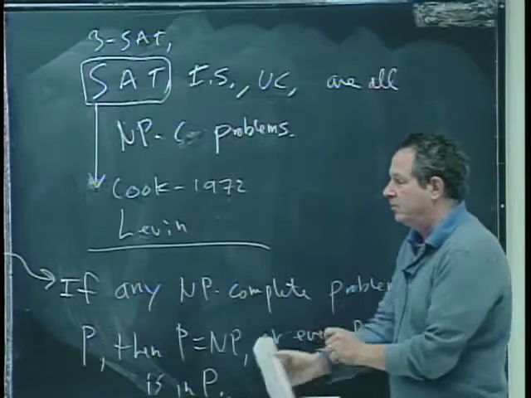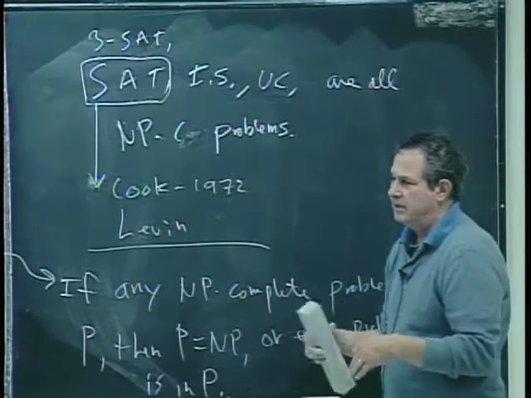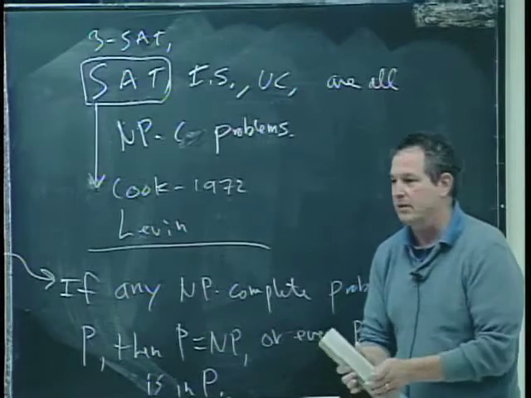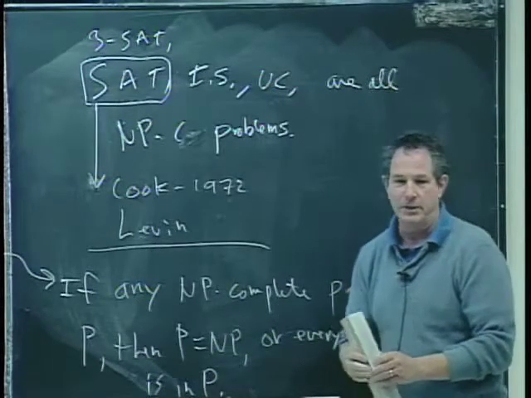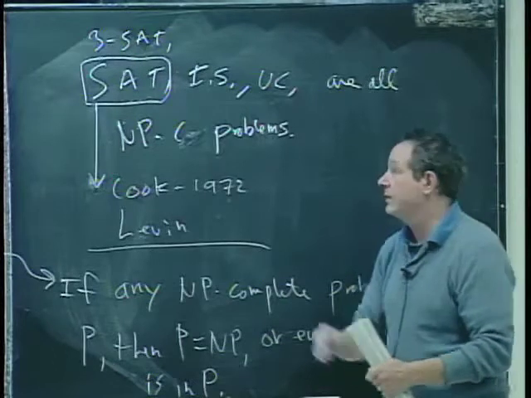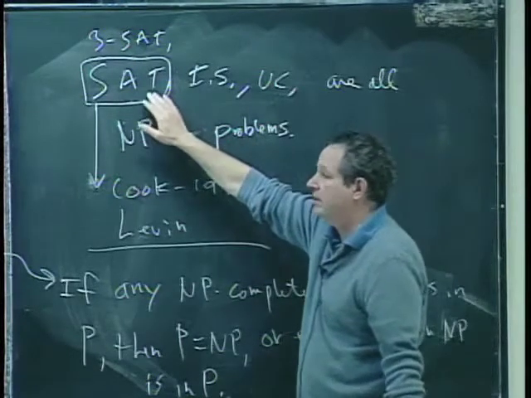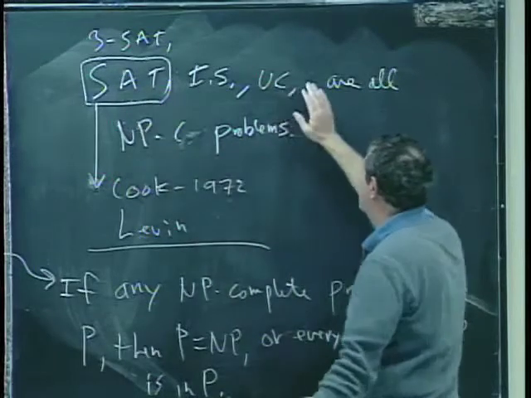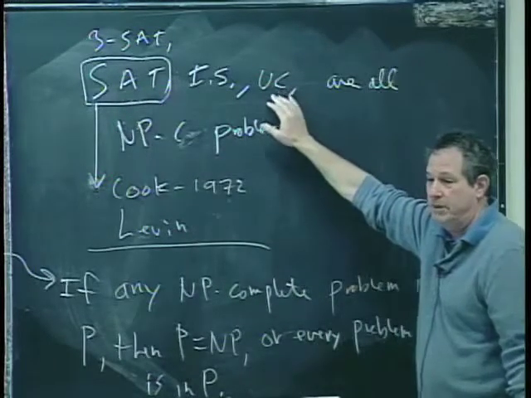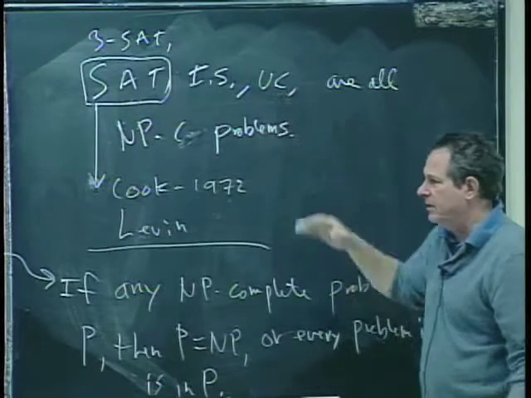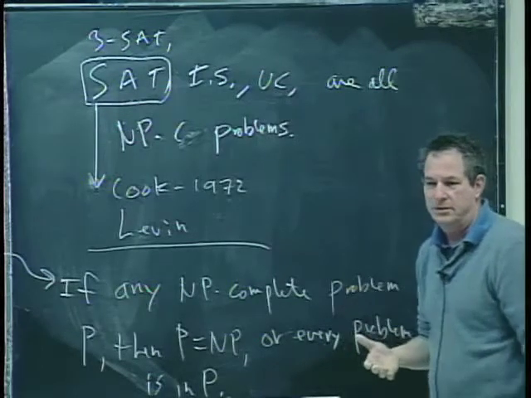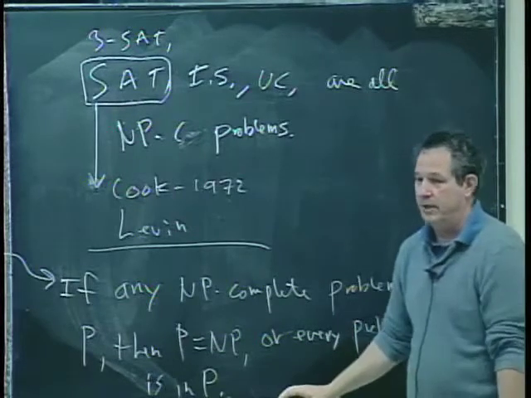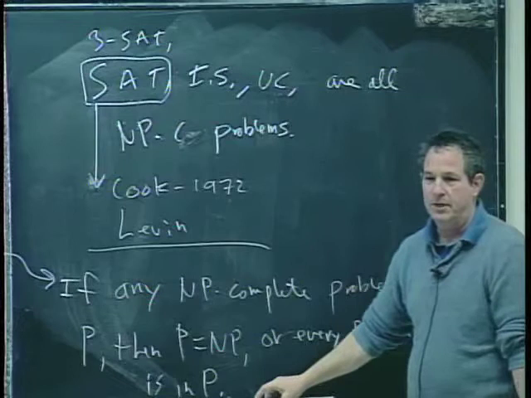Maybe your failure is evidence that there's no polynomial time algorithm for SAT, and my failure is evidence that there's no polynomial time algorithm for vertex cover, but is the combined effort somehow evidence that P is not equal to NP? Anybody have an answer?